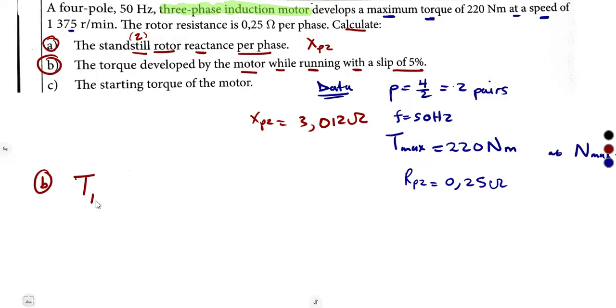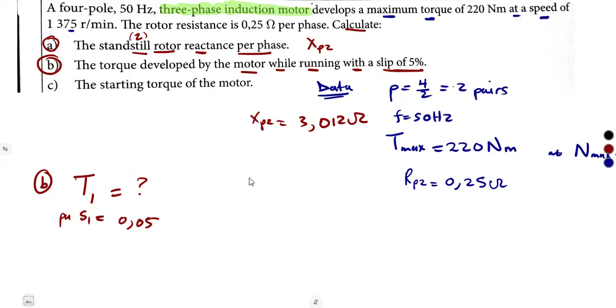But at this value, at a slip, you are given S1. We are given the slip. As a per unit value, just divide by what? 100. That was going to be 0.05. That is our condition at that slip.